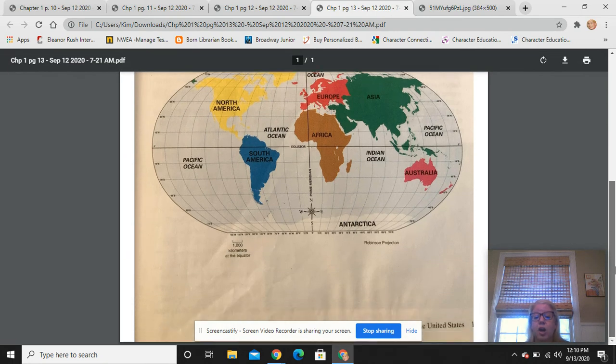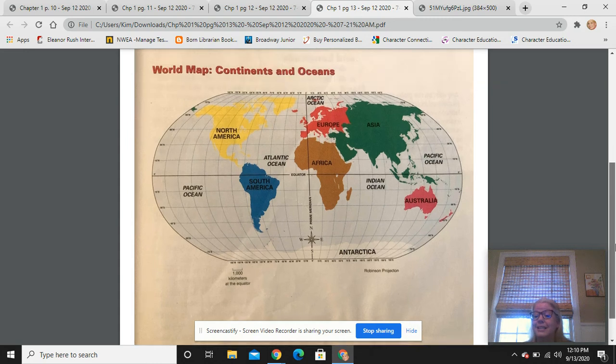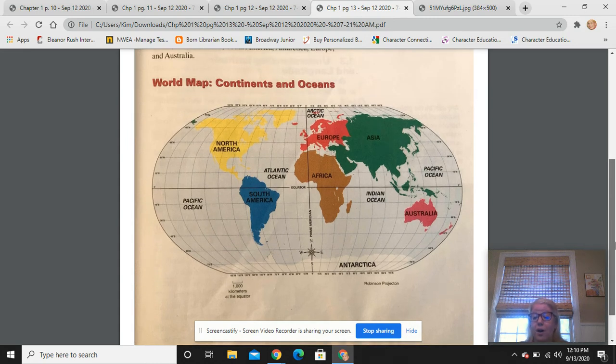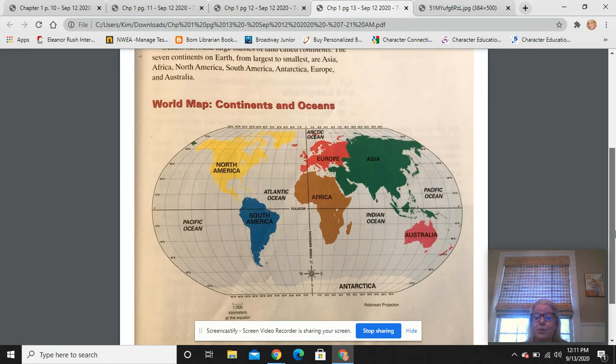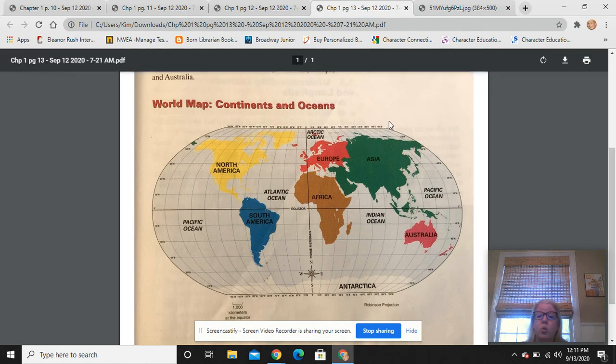Does anybody know what continent we live on? What continent are we on here in the United States? Does anybody know? We are in North America. Okay, here's North America, and the United States is here.